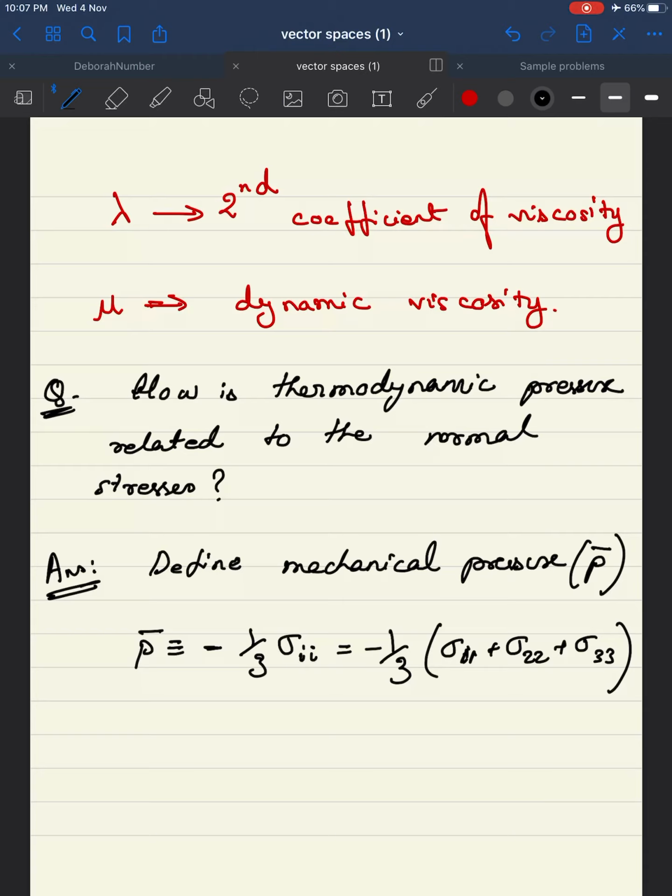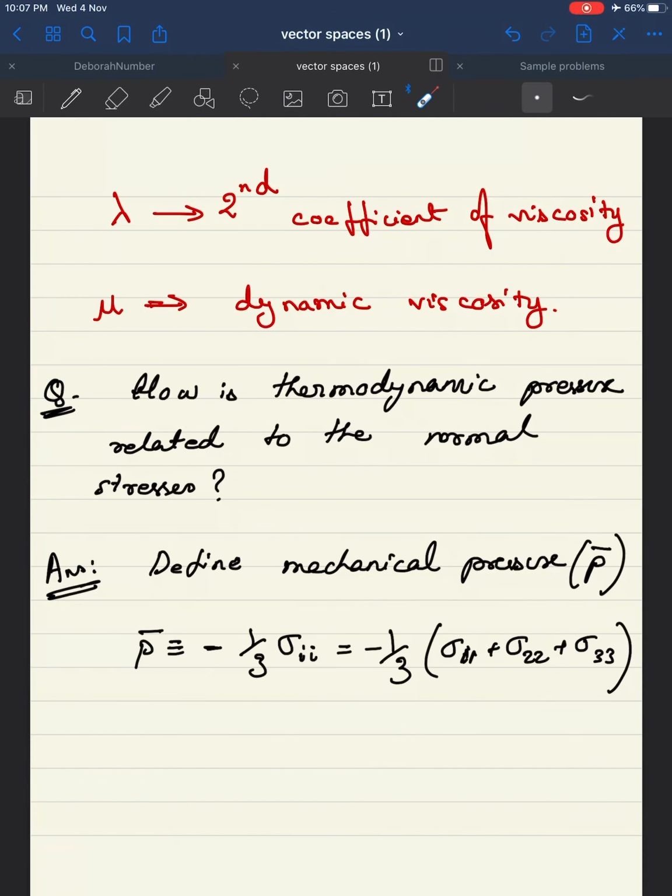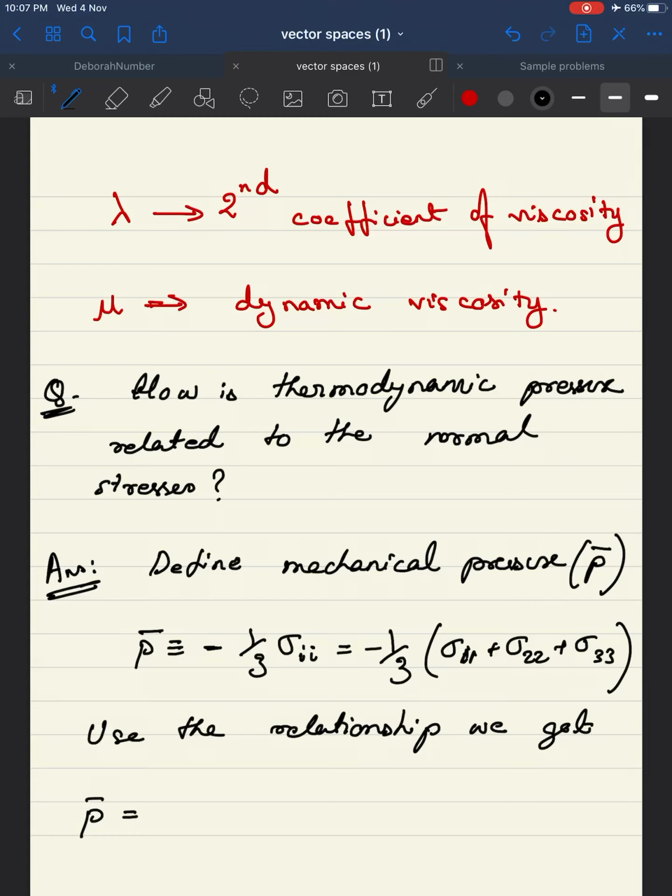So now for a Newtonian fluid, we have just seen what these terms are going to be, right? We just derived the stress strain rate constitutive relationship for a Newtonian fluid. So let's just use that. So use the relationship we got, and then I can write my P bar as being equal to minus 1/3, and then I'll have 3 terms which will look very, very alike.